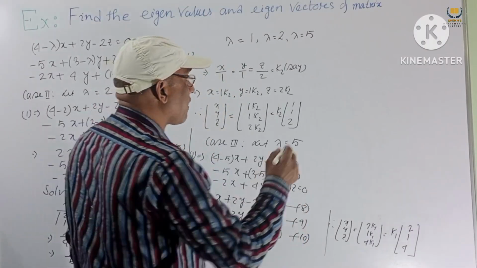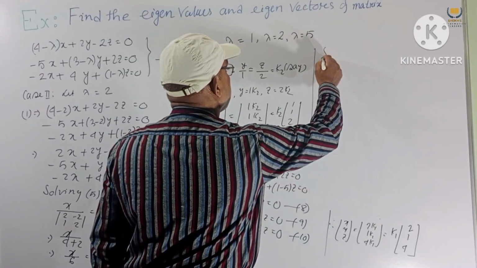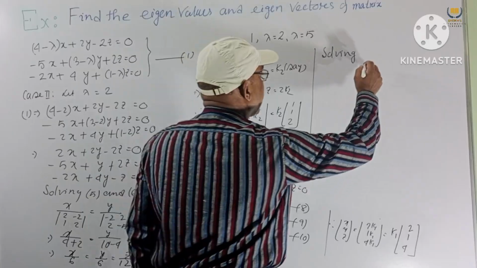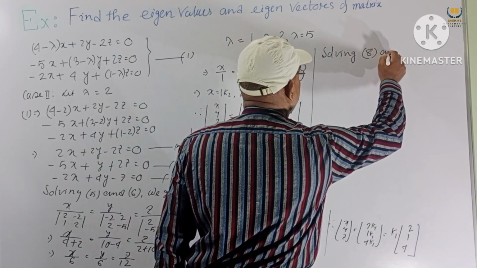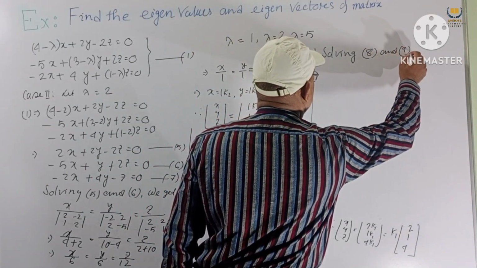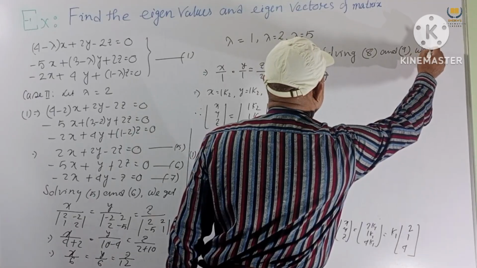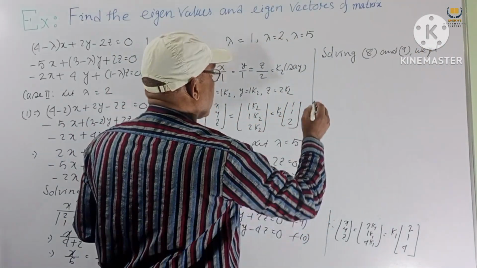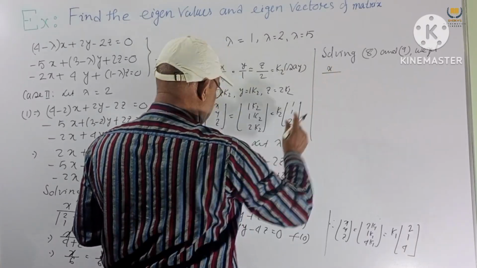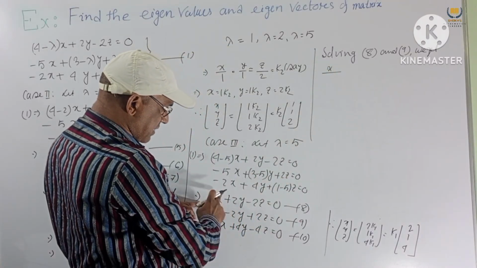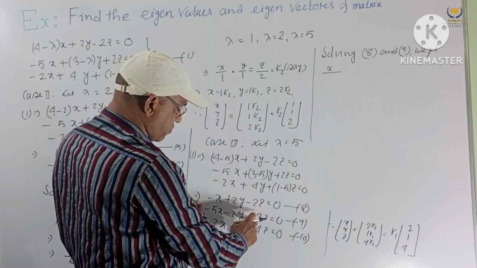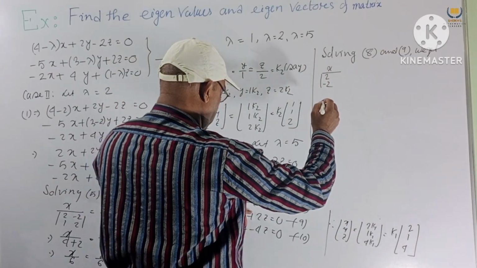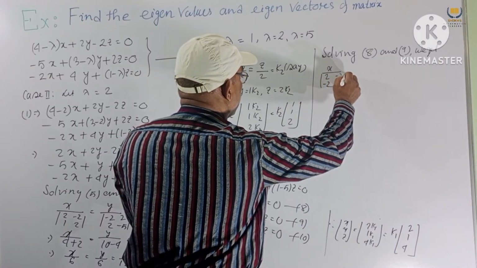Now solving equations 8 and 9. We get x: this x cancels, 2 minus 2, minus 2, 2.